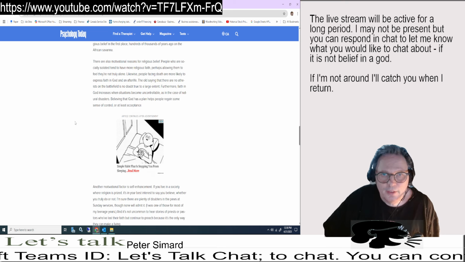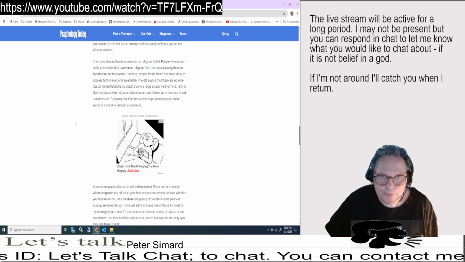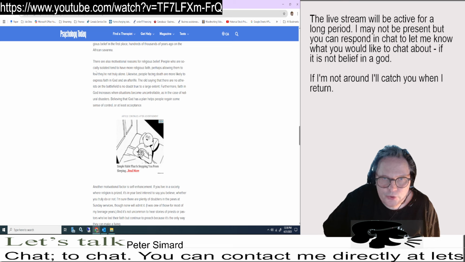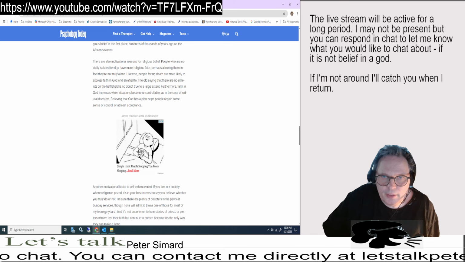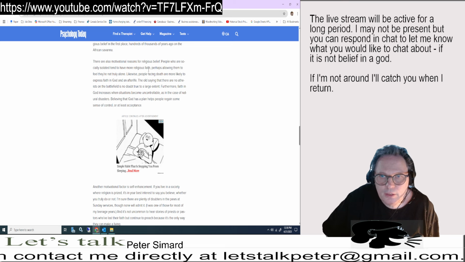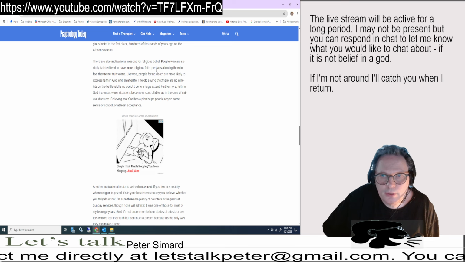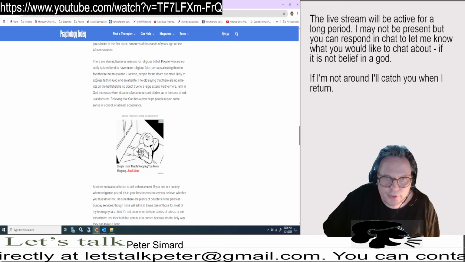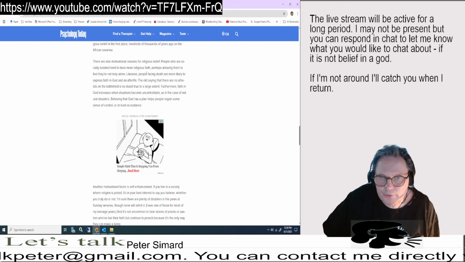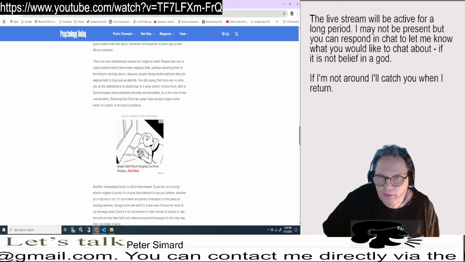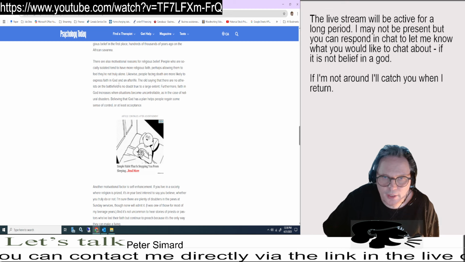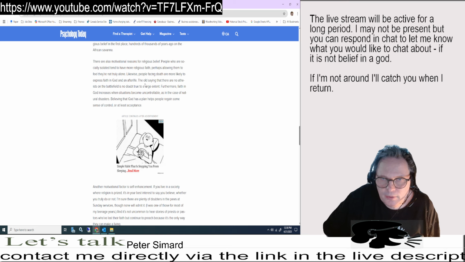Okay. There are also motivational reasons for religious belief. People who are socially isolated tend to have more religious faith, perhaps allowing them to feel they're not truly alone. Likewise, people facing death are more likely to express faith in God and an afterlife.